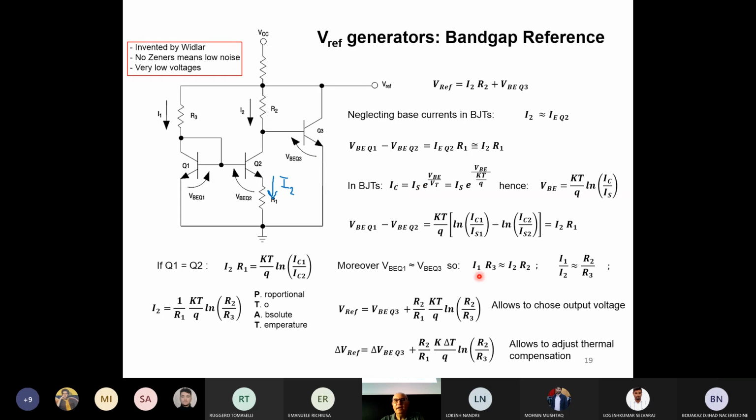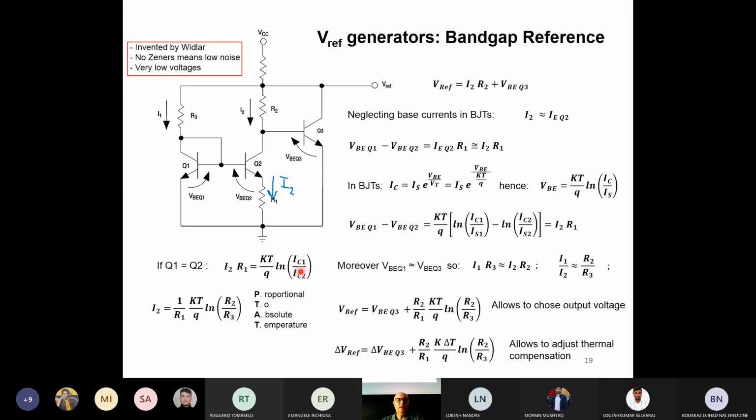So I can write I1 R3 is more or less I2 R2, and so I can solve: I1 over I2 is equal to R2 over R3. But I1 and I2 are IC1 and IC2, so I can take this inside the relationship here. Again, with some approximation, instead of IC1 and IC2, I can place R2 and R3 here.